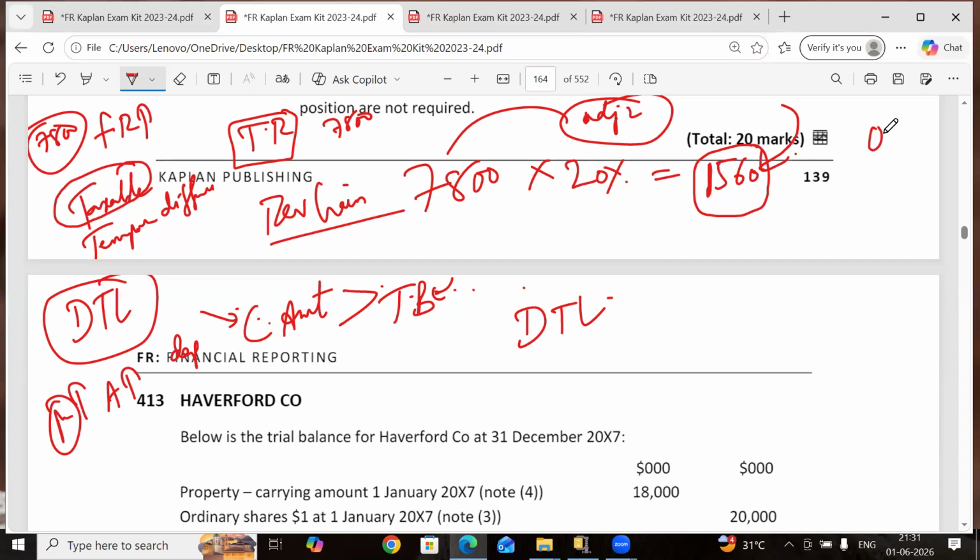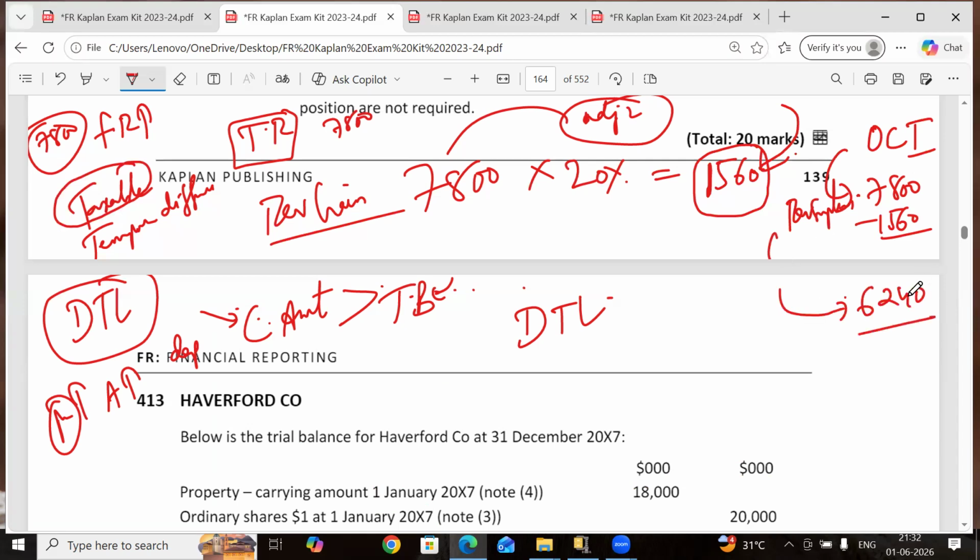So this has to go in the OCI section. In the OCI section, however, we're going to show 7,800. From there, we're going to subtract this. So your asset value is going to be how much? Calculate and tell. That means the revaluation surplus is going to be how much after reduction of taxes? 6,240. This is your revaluation surplus. This revaluation surplus is a part of the equity section. Okay. So this adjustment, the note 2, is also done.